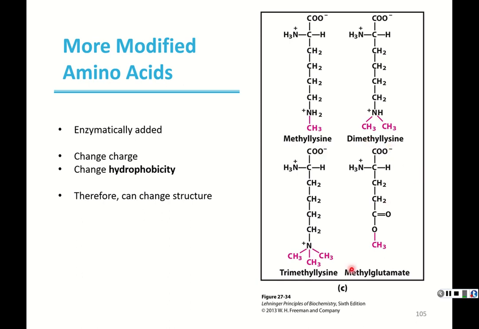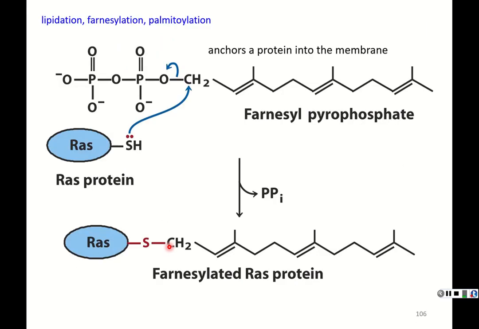Methyl groups are another very common way amino acids are modified. What's happening here is that sometimes you change a charge. You can also change, more importantly, the hydrophobicity by adding methyl groups. So these can also alter structures. Right, and then when we add longer groups, like the isoprene-derived groups, those can be added via this sort of mechanism, and they're added to cysteine residues.